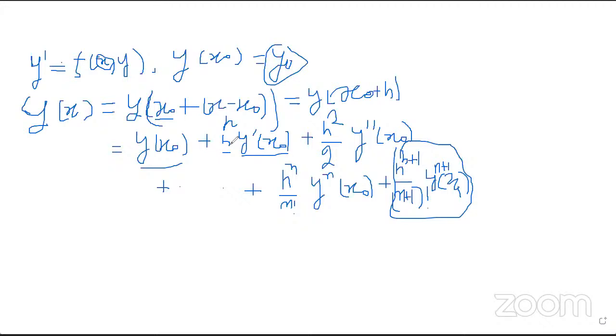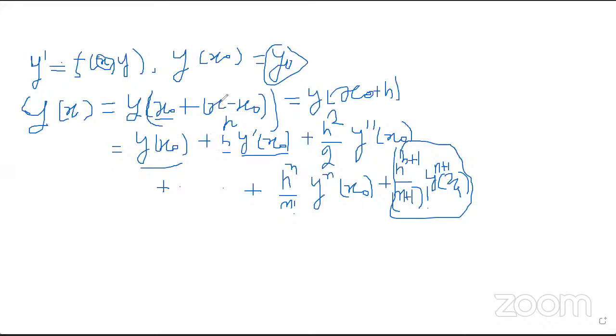Sir, arbitrary. Yeah, h is known or not? Yes, h is known because h is equal to x minus x naught.